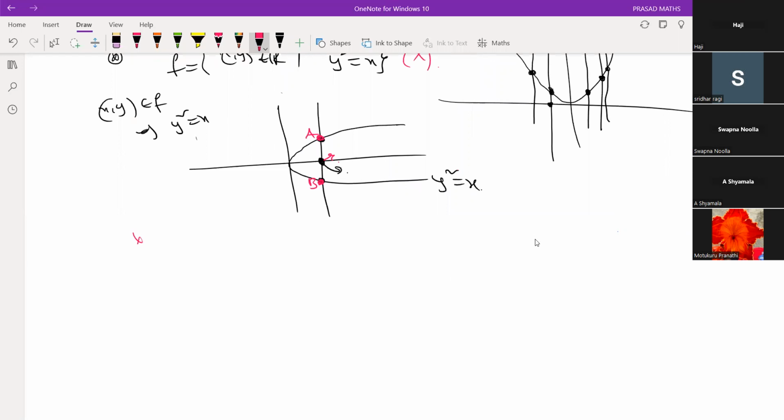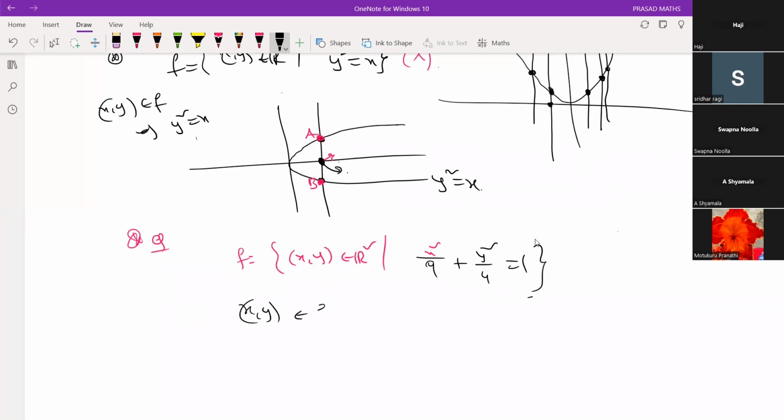And suppose you take this. This is my relation: set of all ordered pairs in a plane such that x square by a square, y square by b square is 1. Take this and fix a point. Suppose you take x square by 9, y square by 4 equals 1. So is it a function?